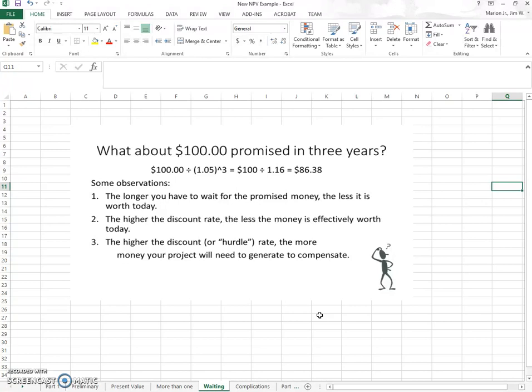So this infers in project management terms and analyzing or assessing the viability of projects, the higher the discount rate, or the hurdle rate as it's sometimes referred to, the more money your project will need to generate in order to compensate for that high interest, high discount, or high hurdle rate.